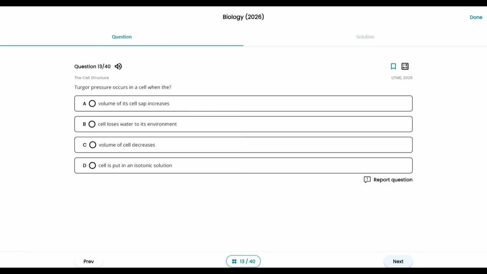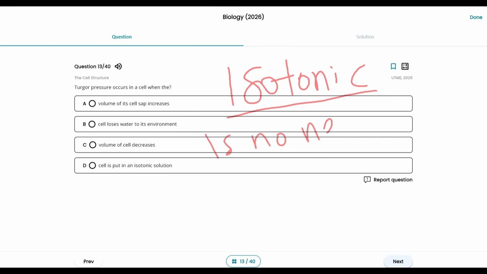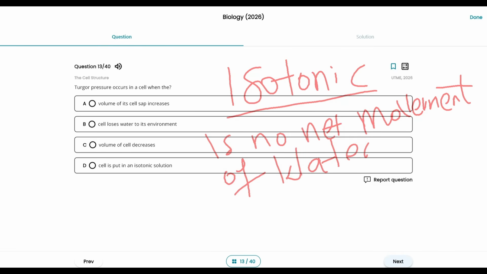In an isotonic solution, there is no net movement of water into or out of the cell.